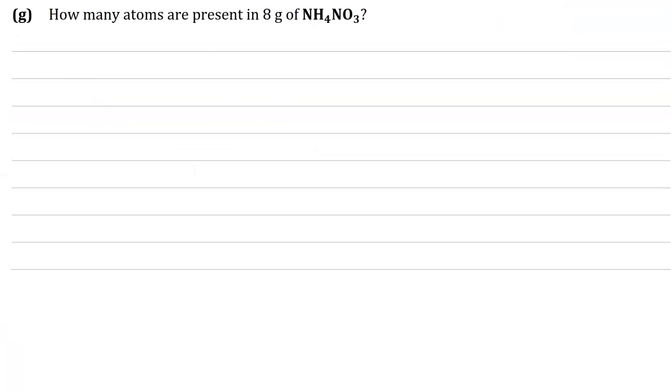So the last one here now in this question: how many atoms are present in 8 grams of ammonium nitrate, NH4NO3? So the first thing we have to do is we have grams, so we need to convert mass into moles. And then we need to get the number of particles. Now we must remember here that this is a molecule.